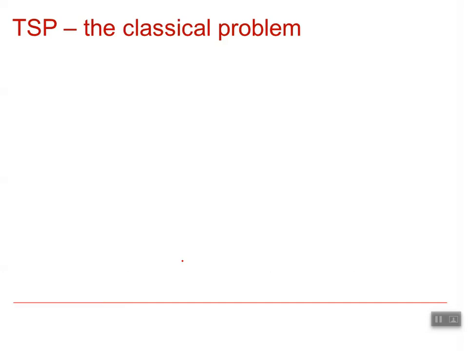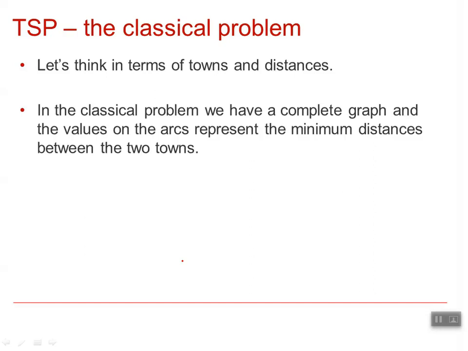For the classical travelling salesperson problem, we're going to think in terms of towns and distances. In the classical problem, we have a complete graph, and the values on the arcs represent the minimum distances between the two towns.